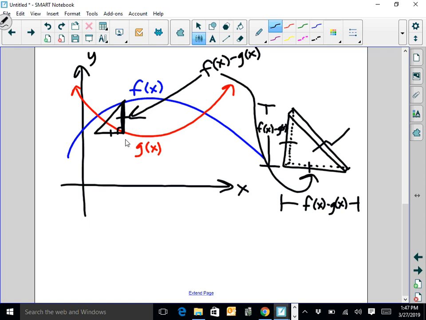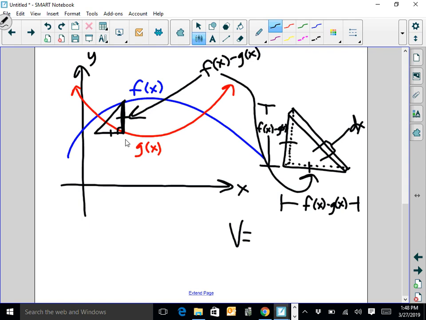So the volume of one shape here is going to be the area of the triangle times the thickness dx. Well, what do I know about a triangle? Well, I know it's base times height divided by 2. Or you can think of it as 1/2 base times height. But notice, since this is isosceles, the base and the height are both f of x minus g of x.